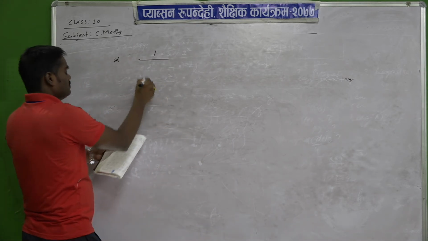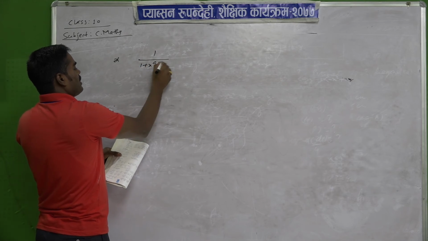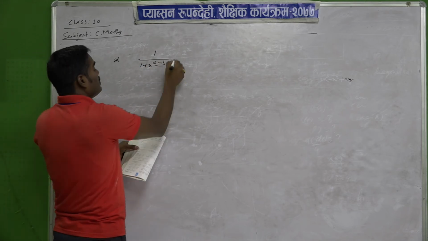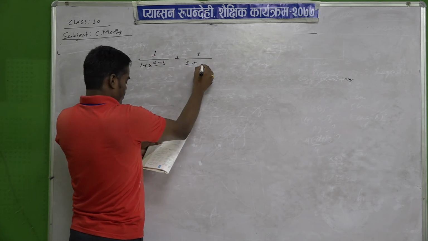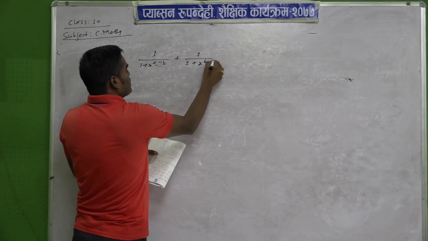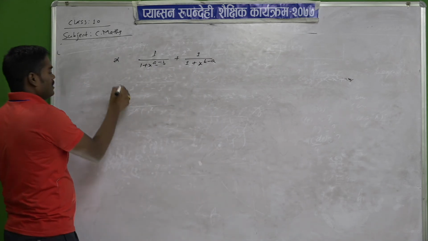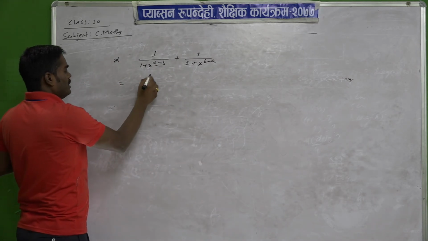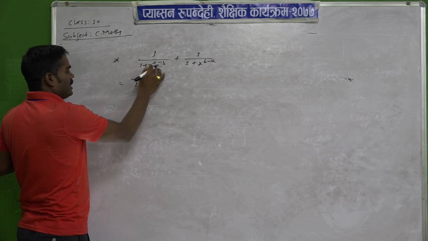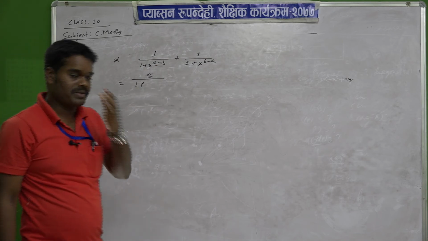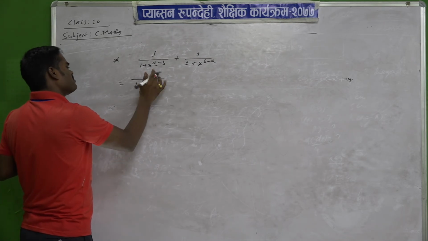One upon 1 plus x power a minus b plus 1 upon 1 plus x power b minus a. So see here, powers are given in the form of subtraction, difference.